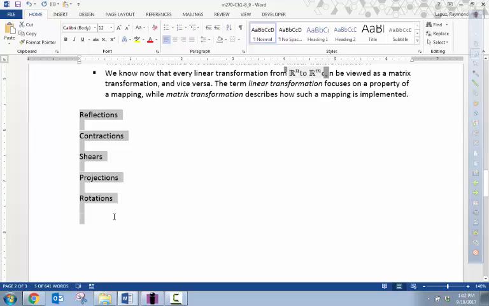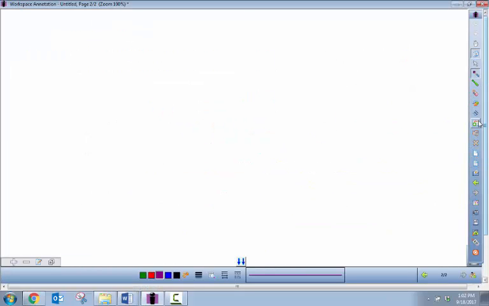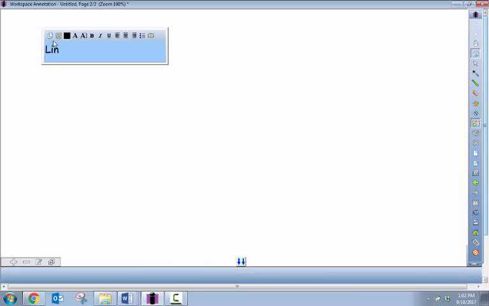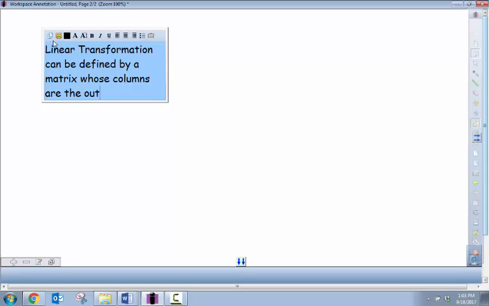And last time where we left off, I think we left off with the idea that if you have a linear transformation, it can be given by a matrix whose columns are the outputs of your basis vectors.